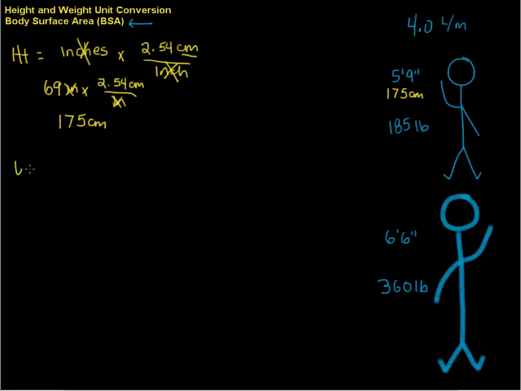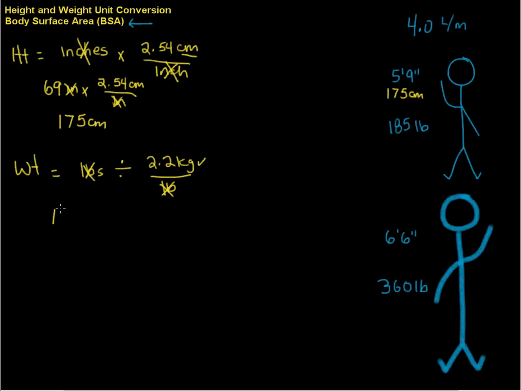When we're converting weight, conversion is another simple formula. We take our weight in pounds and we divide by 2.2 kilograms per pound. So once again, our units of pounds will cancel each other out and we'll just be left with kilograms.